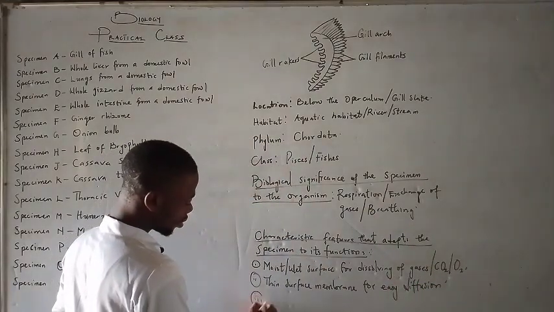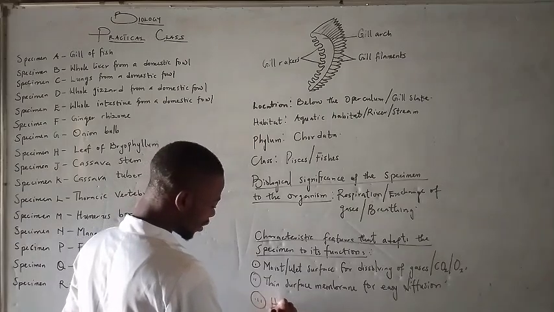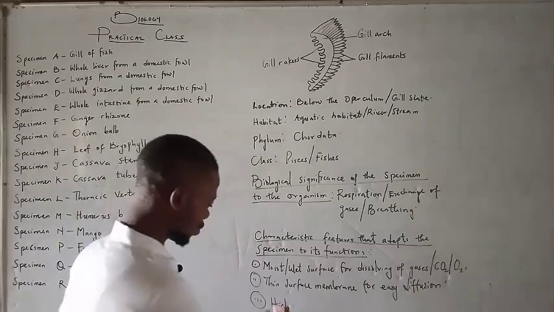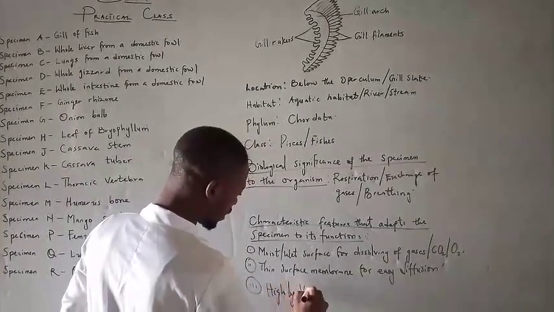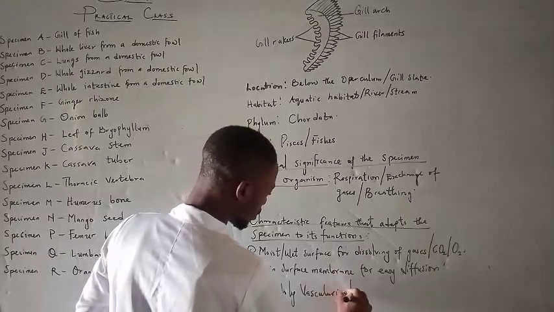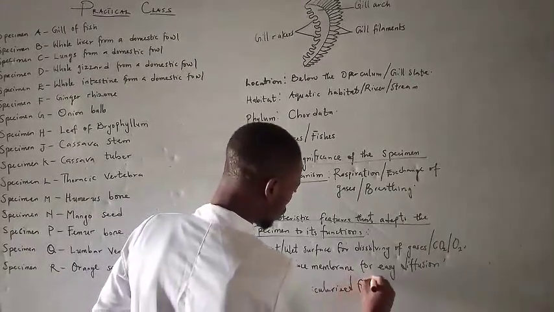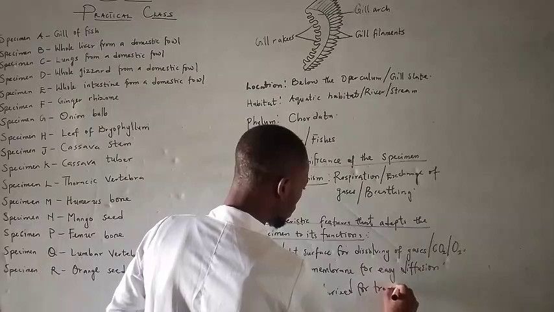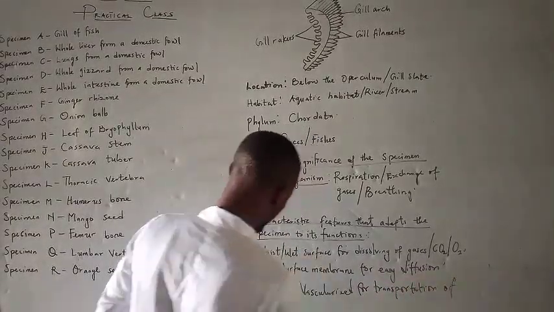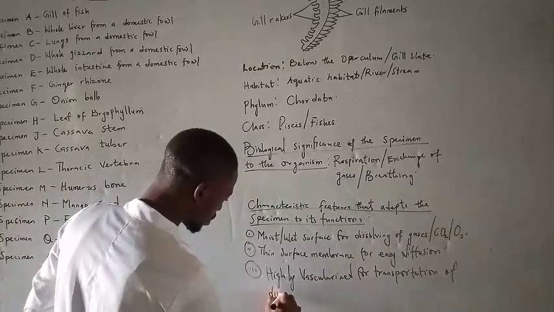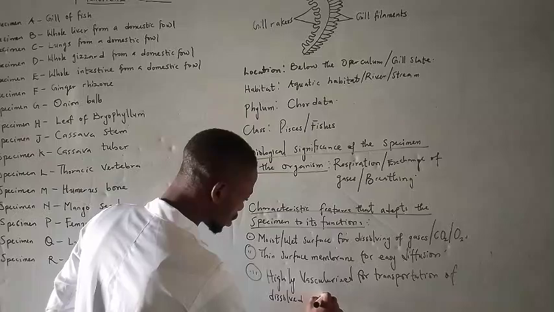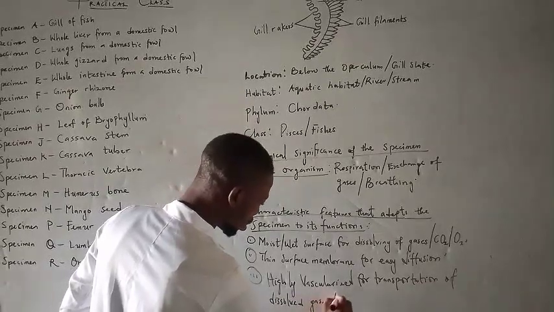The third one is highly vascularized. That means it is supplied with a lot of blood vessels. Highly vascularized for transportation of dissolved gases or food.